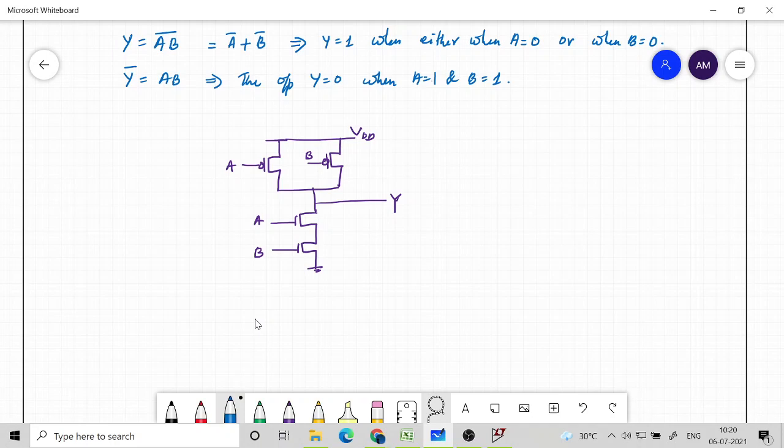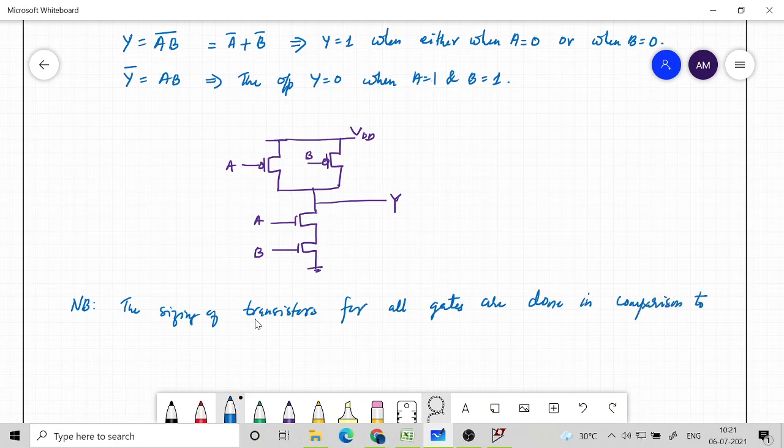The sizing of transistors for all other gates is done in comparison to the size of the reference inverter.